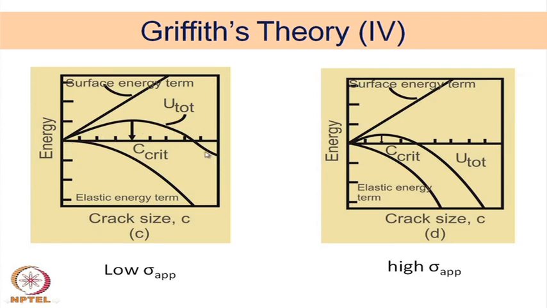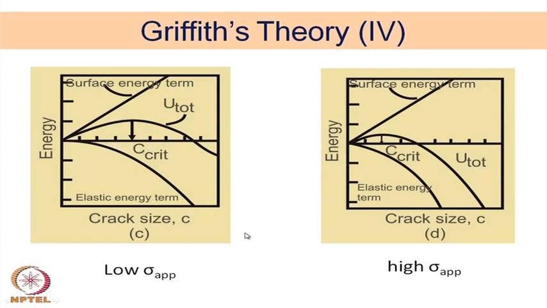The total energy as a function of the crack size is not a monotonically changing function. Initially it increases because the surface energy term is greater, and then this becomes the predominating term, so it decreases. That is a very important concept and important criterion for understanding crack growth.